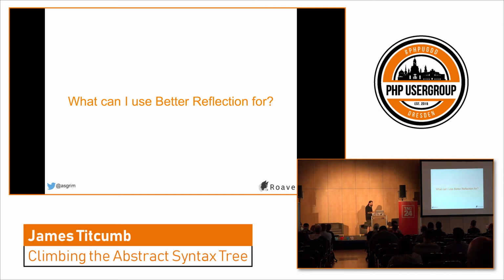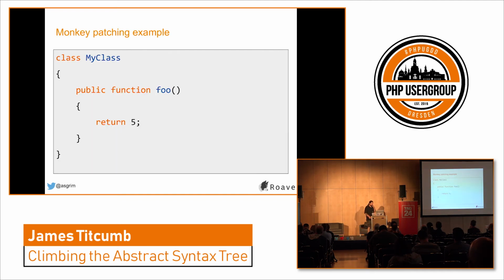Obviously, now we've got PHP 7. Hopefully, many of you are already using PHP 7. But if you're still stuck on PHP 5, you can analyze this. You can figure out types of stuff from doc blocks, rather, and do type inference that way. You can use this for static analysis and things like that. And you can also do this monkeypatching thing that I mentioned, right? You can modify stuff. Let's have a look at how that works.